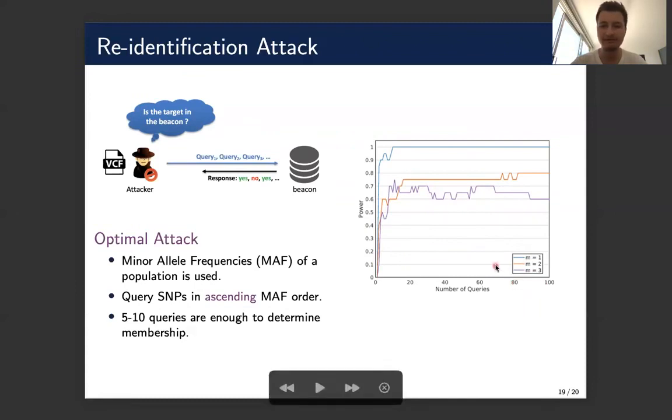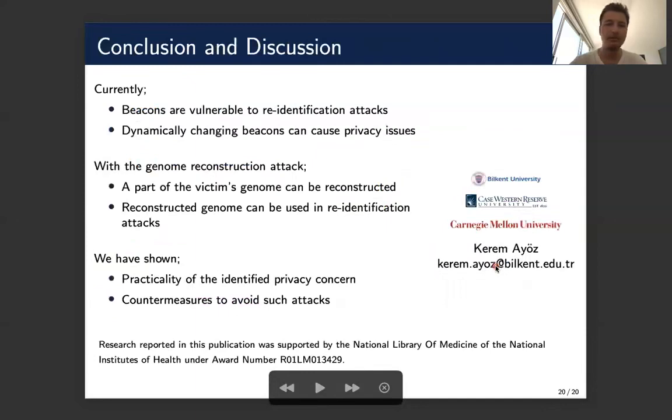And for conclusion, we currently know that beacons are vulnerable to re-identification attacks, and these dynamically changing beacons can cause some serious privacy issues. And with our newly proposed genome reconstruction attack, we showed that a part of the victim's genome can be reconstructed successfully, and that reconstructed genome can be used in re-identification attacks successfully, as I showed previously.